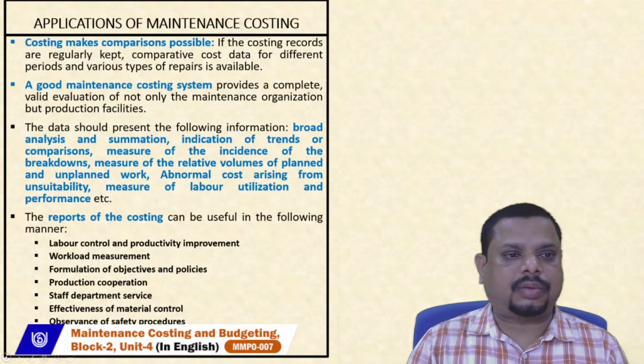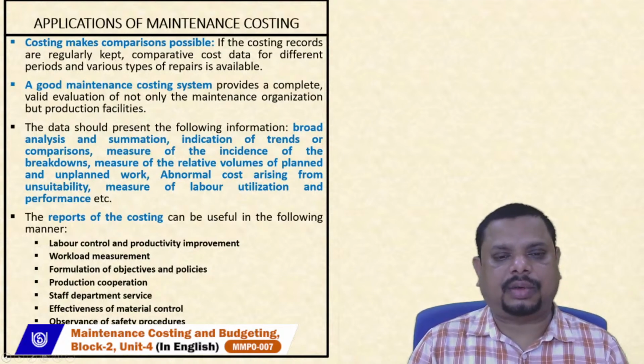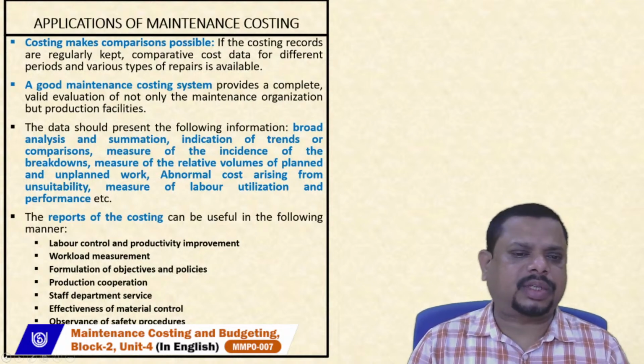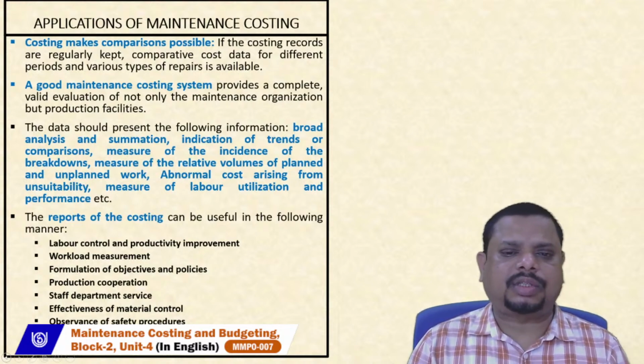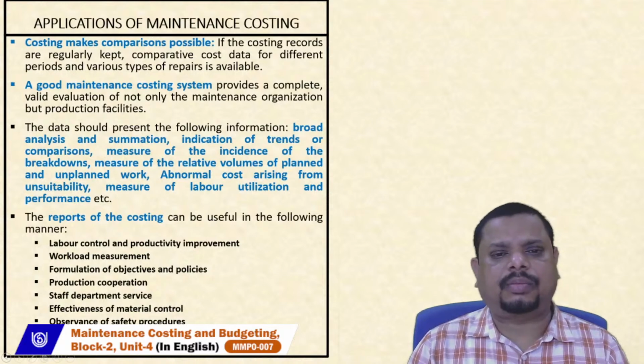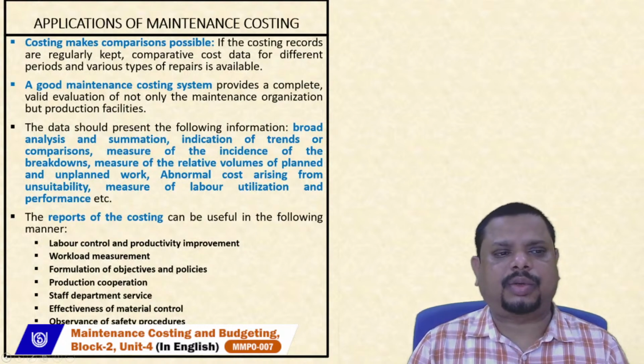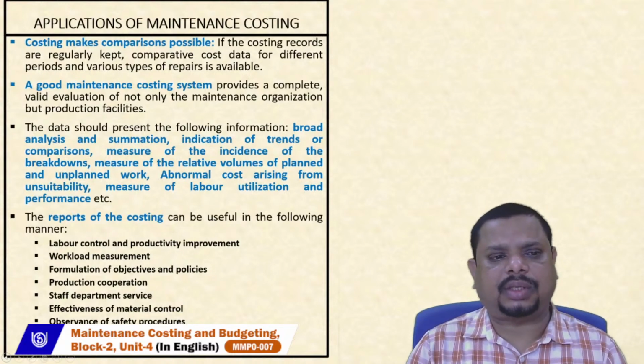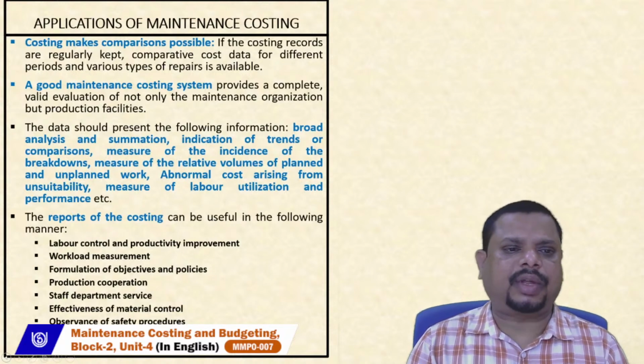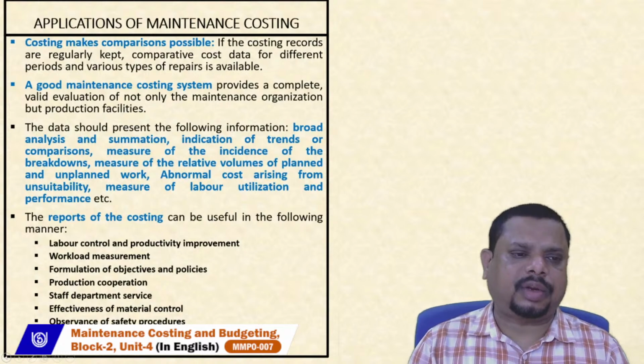So if you go for comparisons in case of different departments, for example, in a metal industry or manufacturing industries, there are a number of systems, and each system has mechanical maintenance departments. So whenever they go for comparisons between the costings, they can easily go for different periods as well as various types of repair available.